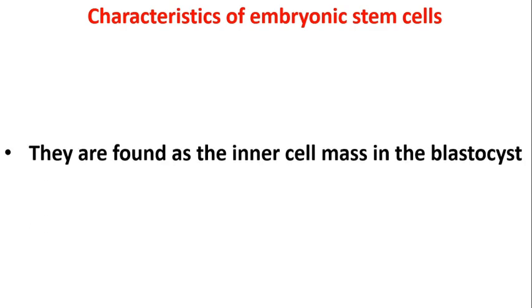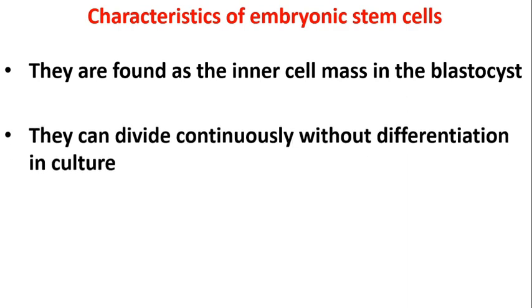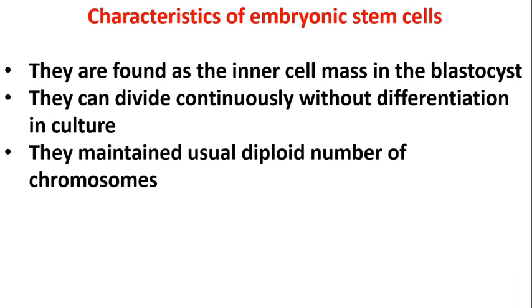And here are a few important characteristics of embryonic stem cells. The first one, they are found as the inner cell mass in the blastocyst. Then the second characteristic, they can divide continuously without differentiation in the culture. And the third one, they maintain the usual diploid number of chromosomes.